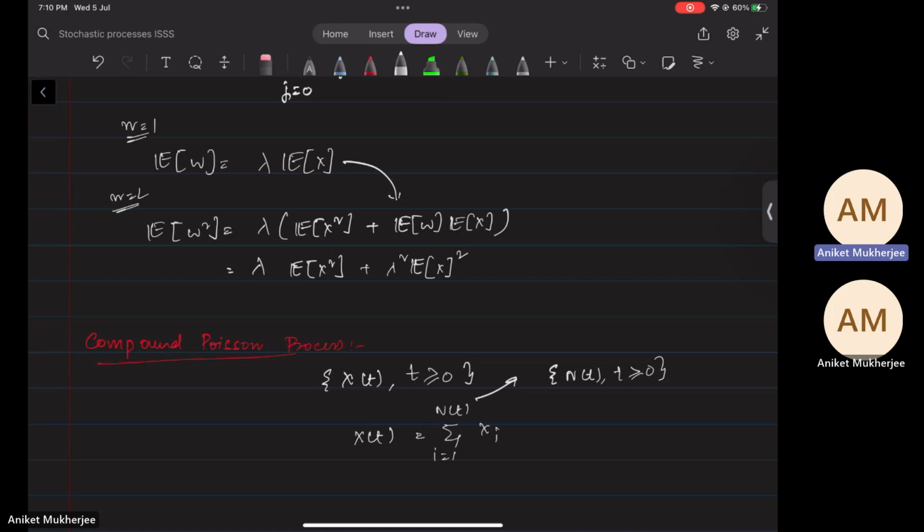So this sequence X(t) is a compound Poisson process. The value of each term at X(t) is a compound Poisson random variable, so it's a collection of compound Poisson random variables.